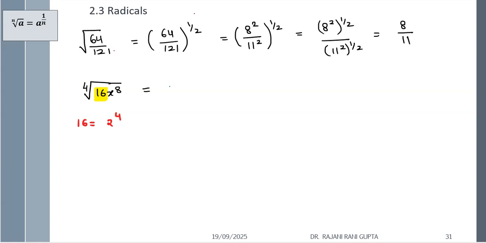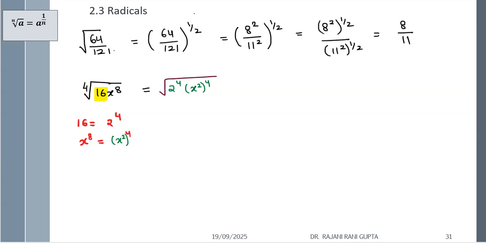So we can write it as 2 power 4. And what about x power 8? Which number power 4 is x power 8? Yes, it is x square and its power. So 2 power 4, x square power 4.